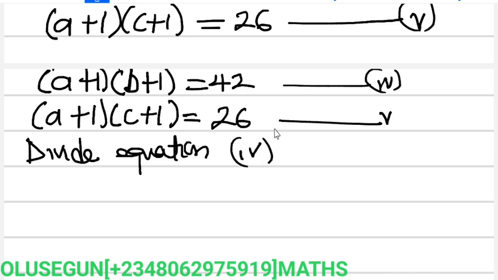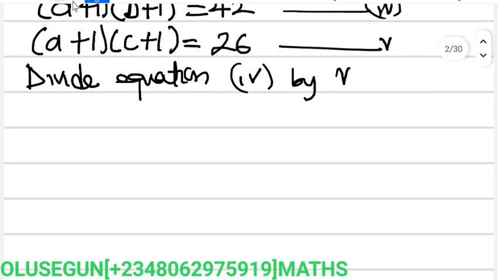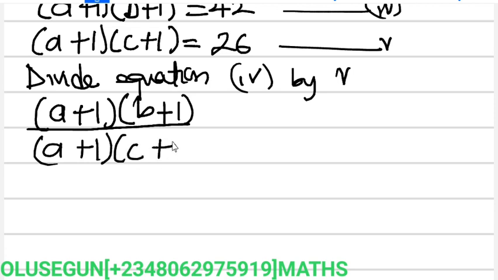We have a plus 1 times b plus 1, divided by a plus 1 times c plus 1, is equal to 42 divided by 27.